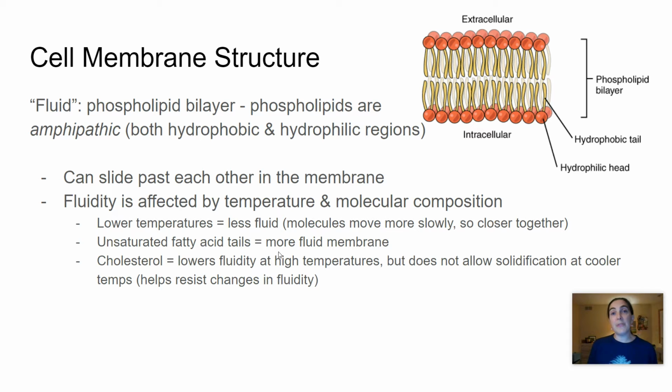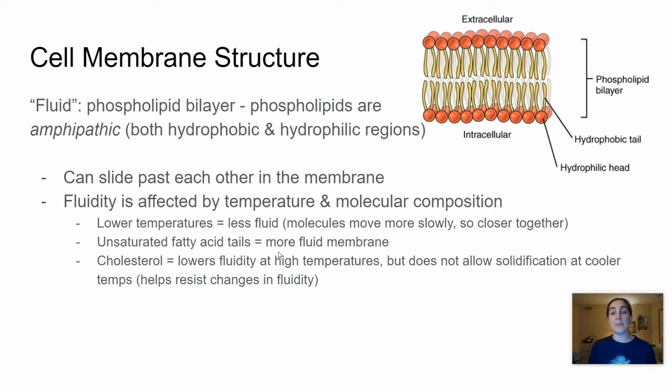The other part of the membrane is cholesterol. You learned yesterday that cholesterol is another lipid that's found in cell membranes. But if you look at the structure of cholesterol, cholesterol is a type of steroid, and it takes up more space. Remember, steroids have that 4-carbon ring structure.